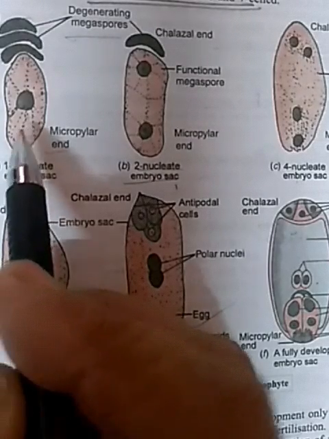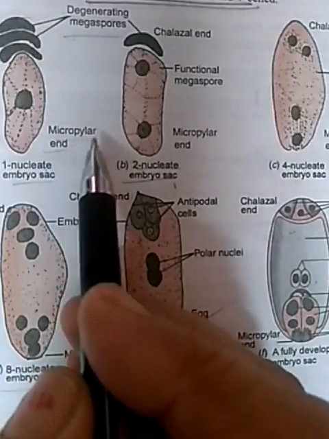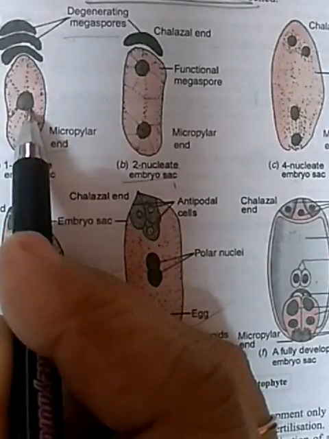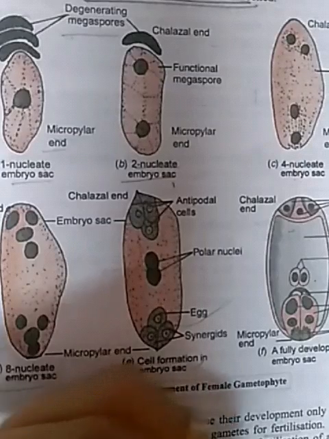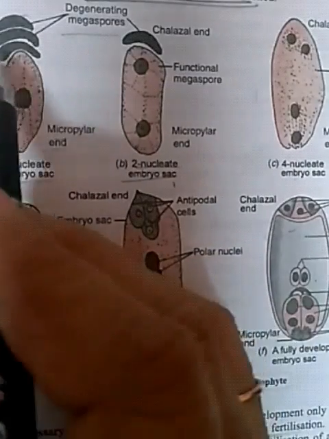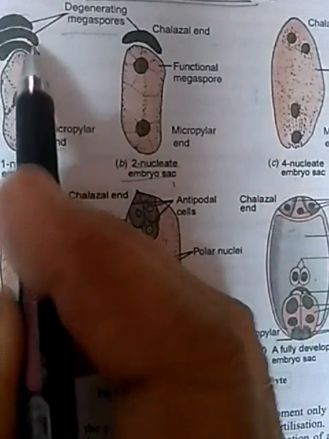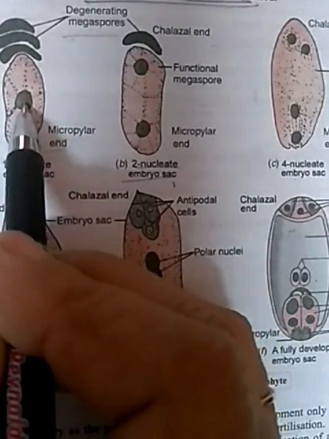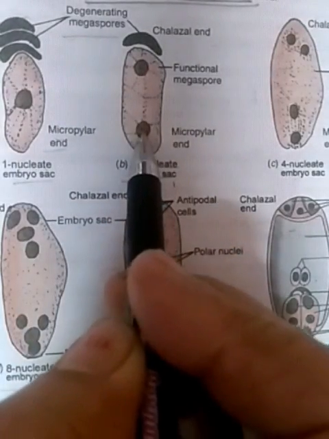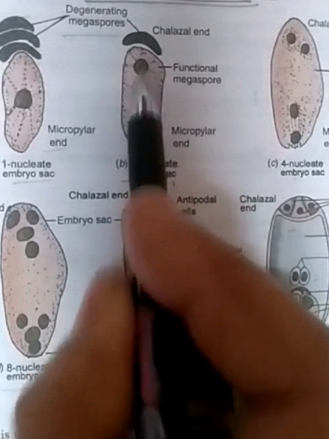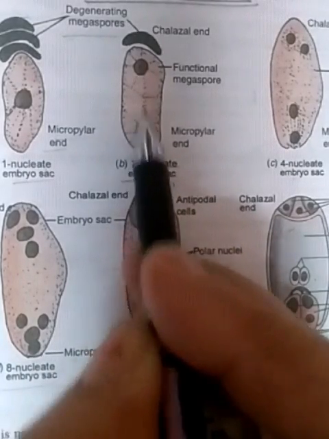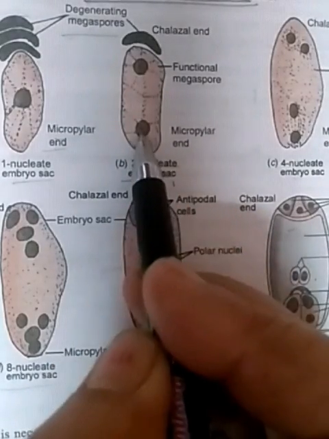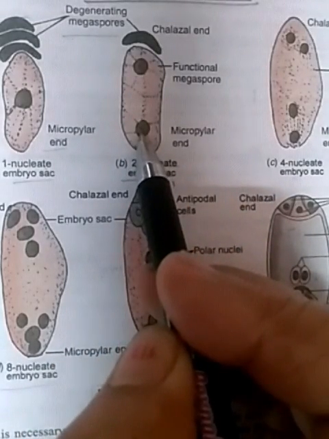In this process, its nucleus undergoes mitotic cell division. There were 4 megaspores in the tetrad, but 3 of them degenerate. Only one remains functional. This nucleus undergoes mitotic cell division, as a result of which 2 nuclei are formed. Now this embryo sac is known as the 2-nucleate embryo sac.